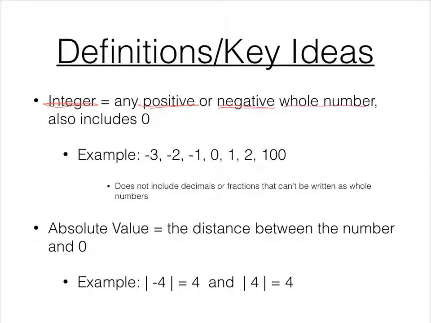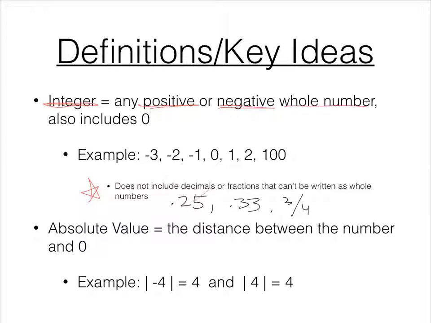This list, you'll notice, does not include any decimals or fractions. So this is a key point here. It does not include any decimals or fractions that can't be written as whole numbers. So for example, the number 0.25 and 0.33 and 3/4, the fraction 3/4.